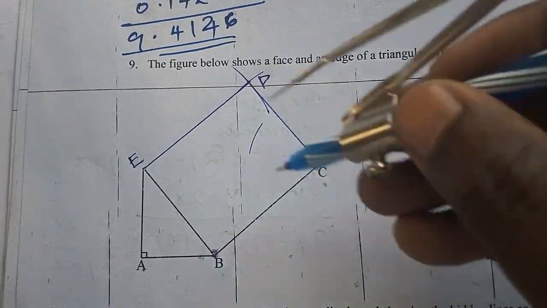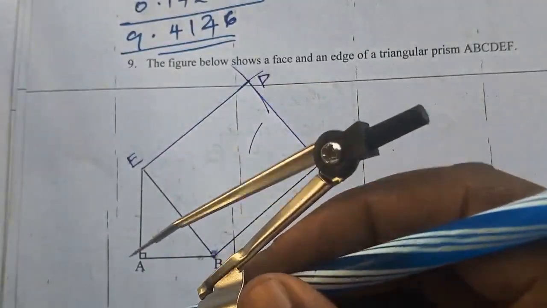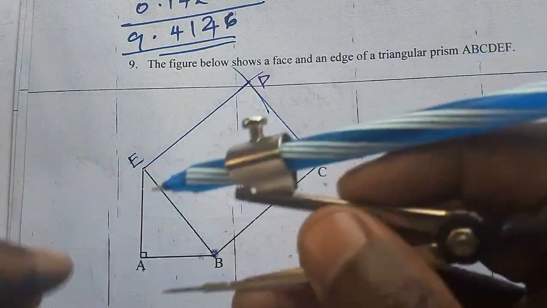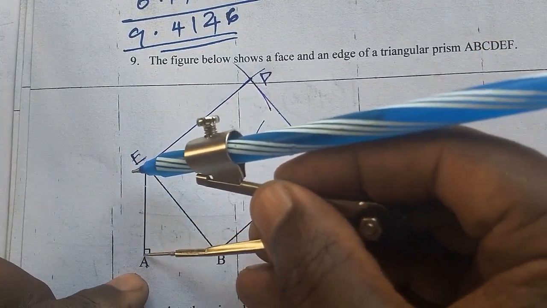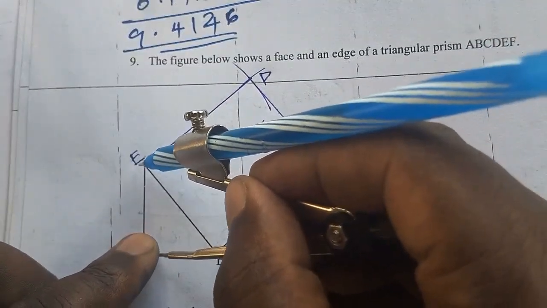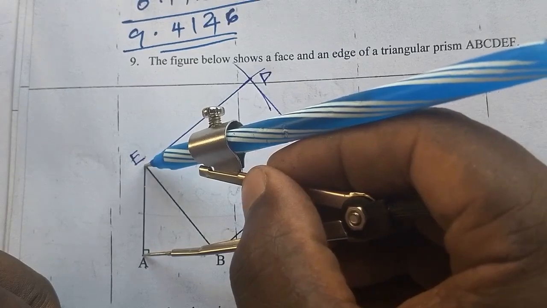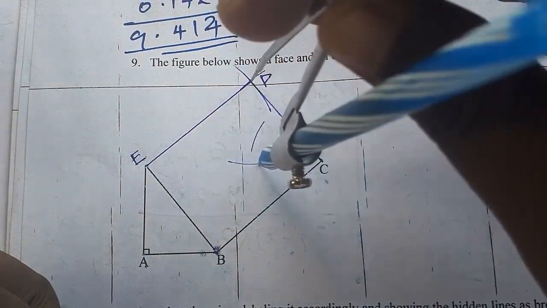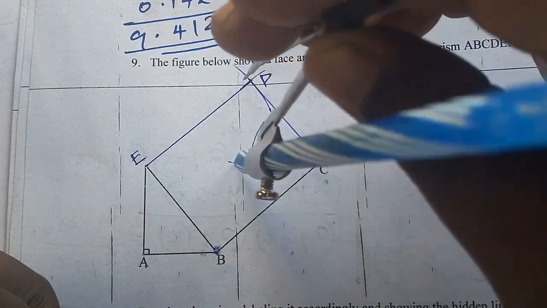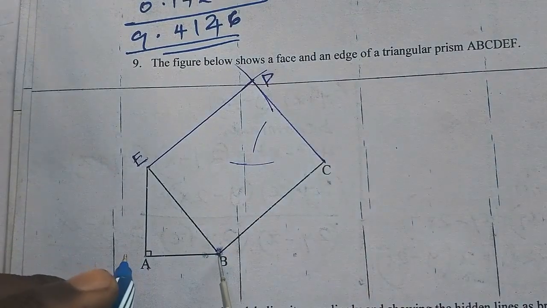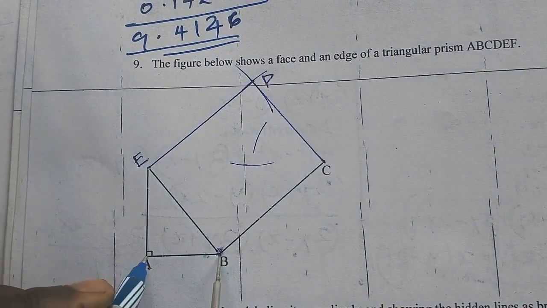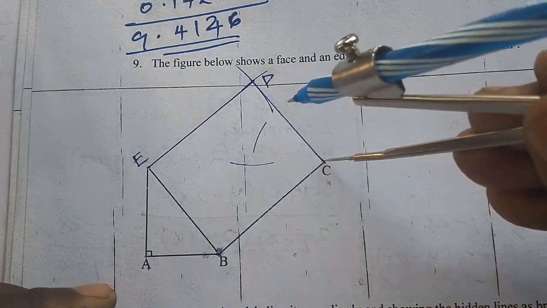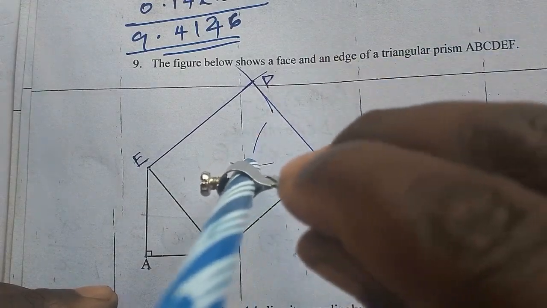Let us measure this one. Right, this one here. So the length from here to down here, it should be that one. Mark it like this, and then repeat this one. Repeat this. Then come here and mark here.